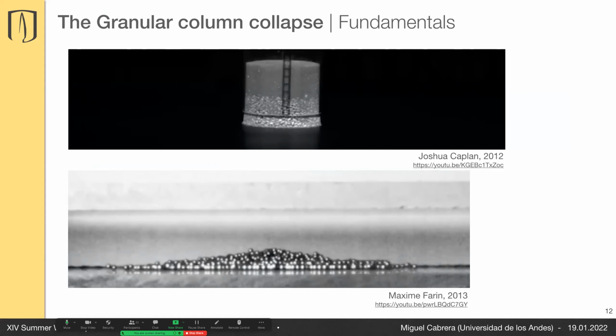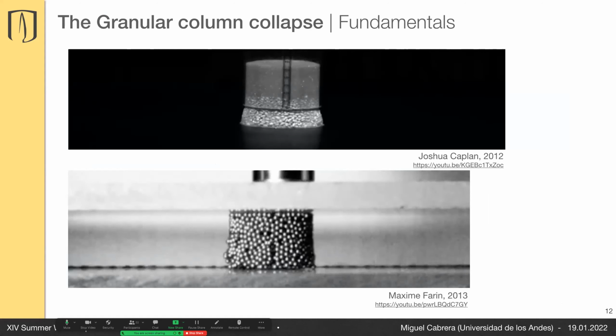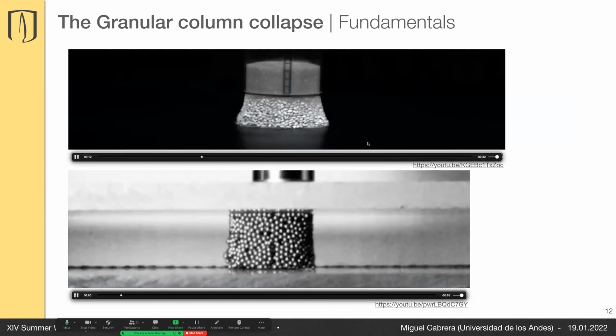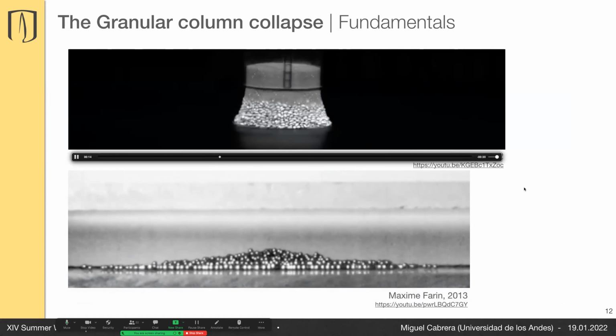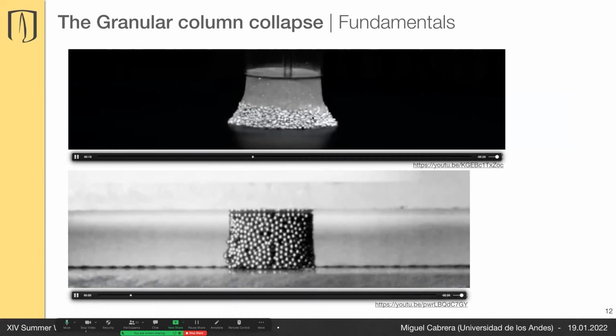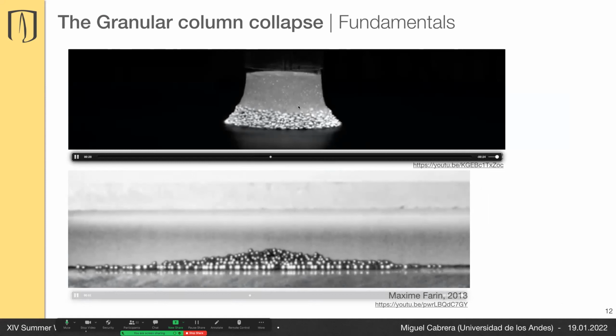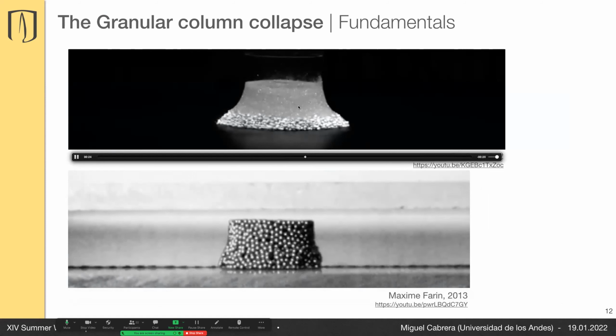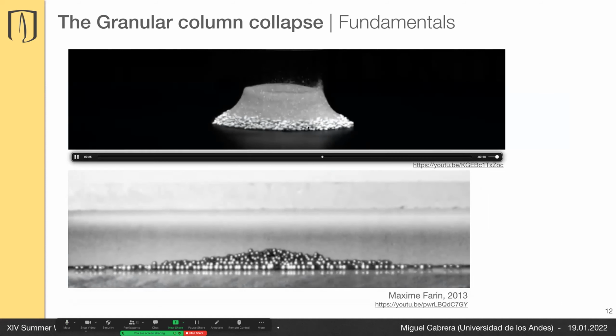Some advances or some examples of this prismatic block have been shown since 2004, 2008. And here I'm just showing you some very nice examples, just because the movies are amazing. These people have done very interesting work. On the top side, you see the column collapse of fine grains over a layer of larger grains.